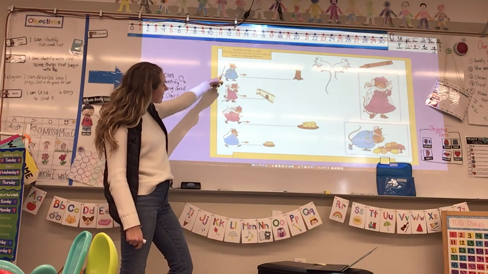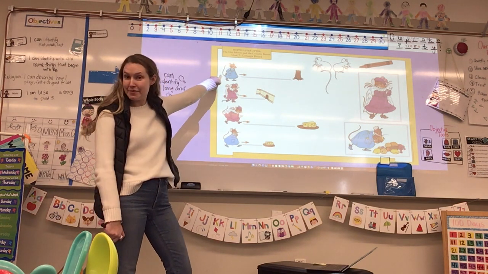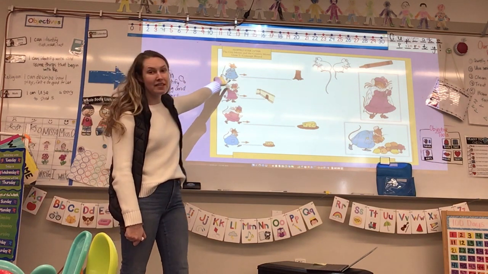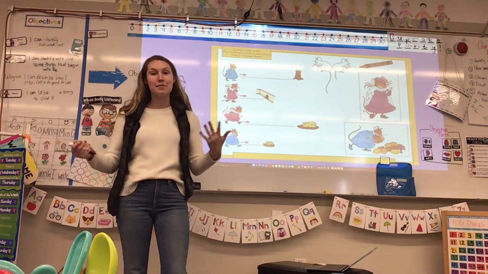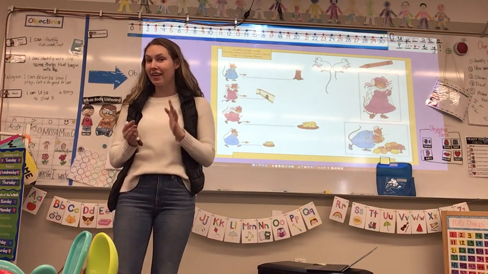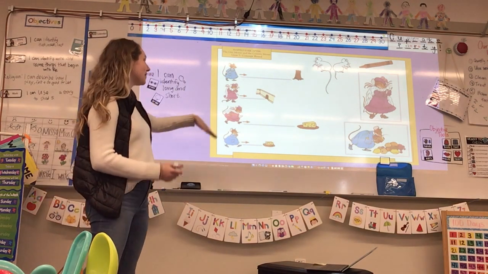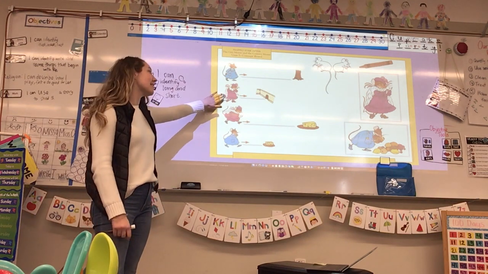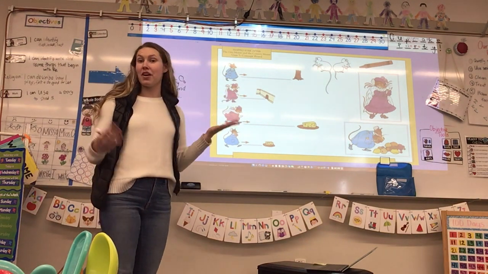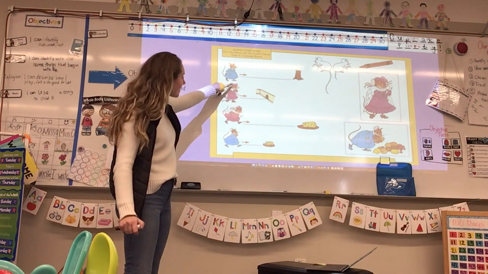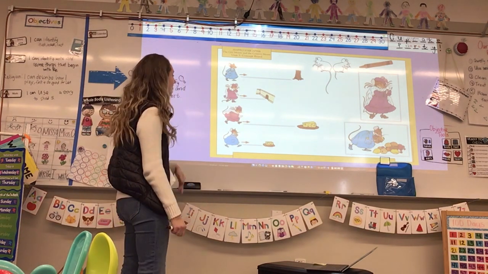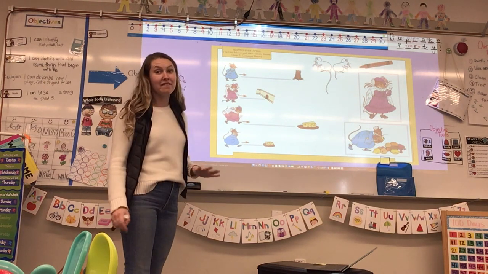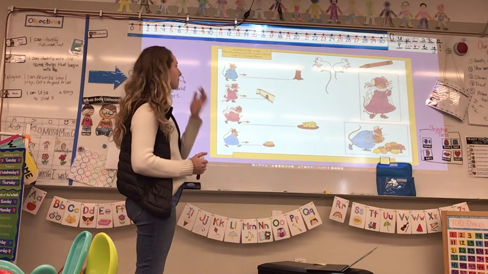I know that this is the country mouse because she is wearing more plain clothes. Remember, the country mouse likes to be cozy and simple in her little home. But the city mouse, I know this is the city mouse because she's wearing some very fancy clothes. She's got a fancy hat, a fancy scarf, some fancy high heels. The city mouse is a little bit fancier than the country mouse.